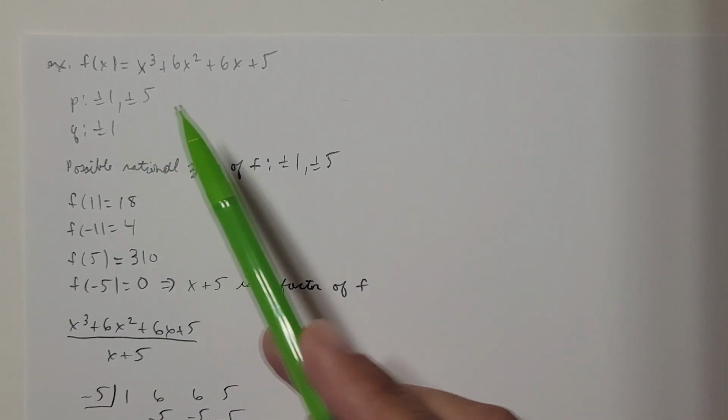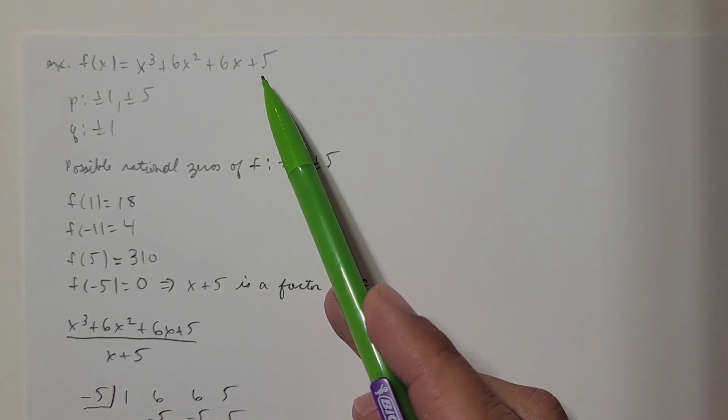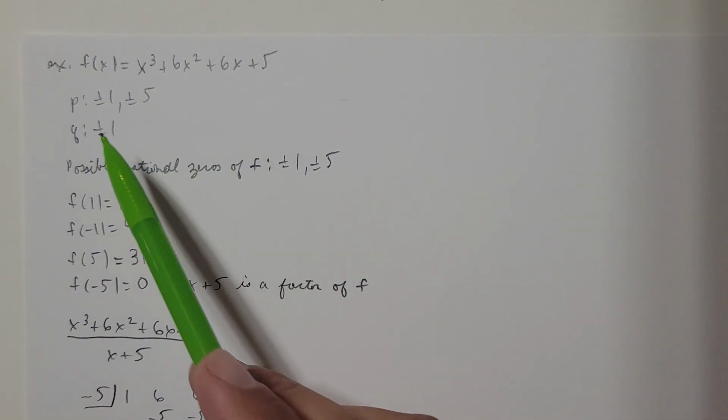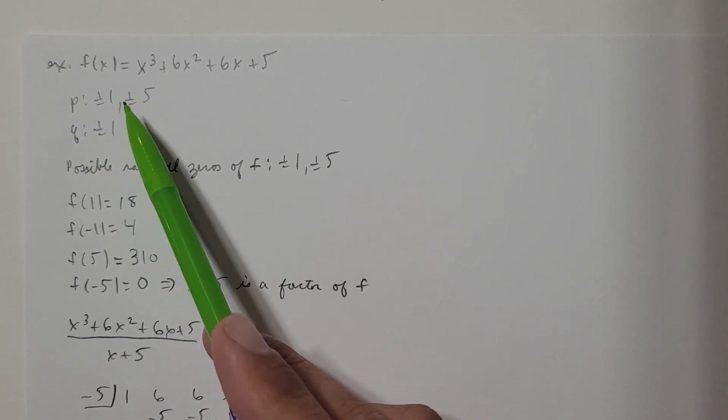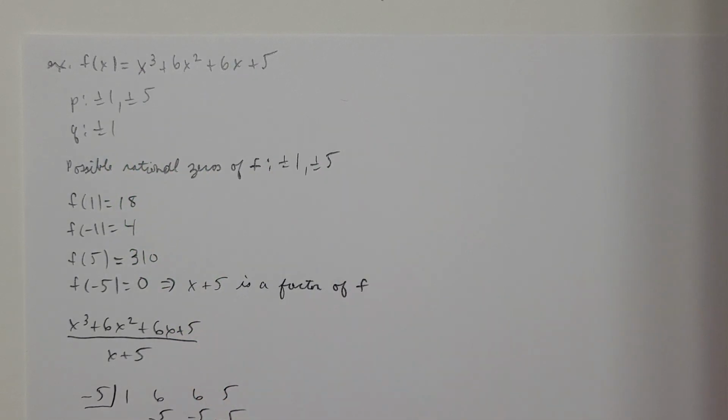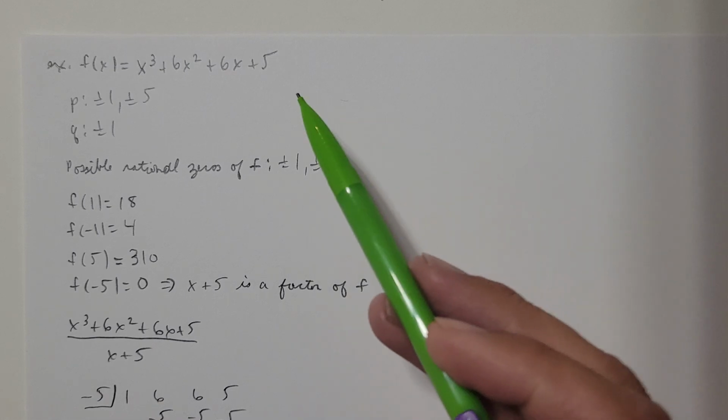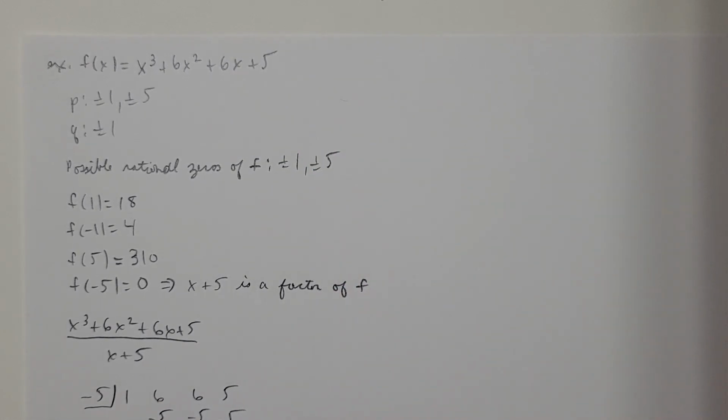The p-values are all the factors of the last coefficient, which for us is a 5. The q-values are all the factors of the first coefficient, which for us is a 1. So what are all the factors of 5? 1 and negative 1 go into any number, so I'll say plus and minus 1, and then 5 goes into 5, and negative 5 goes into 5, so plus and minus 5 would be the other factors.